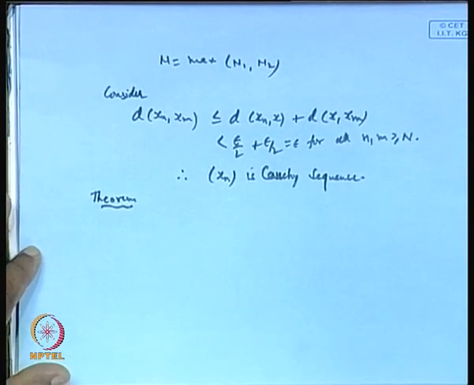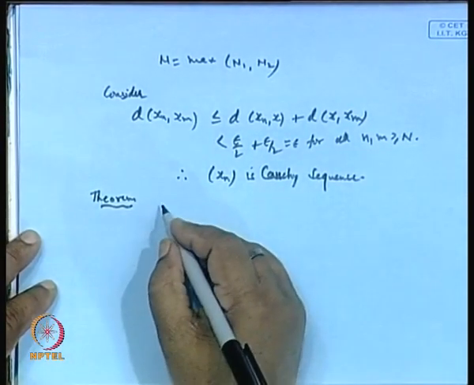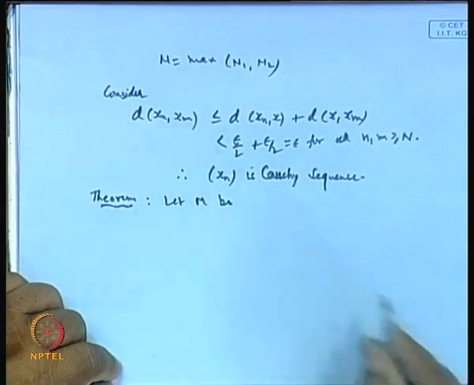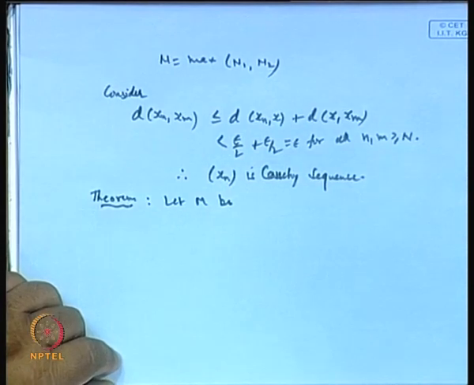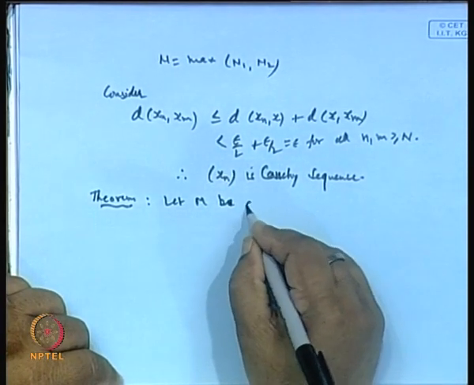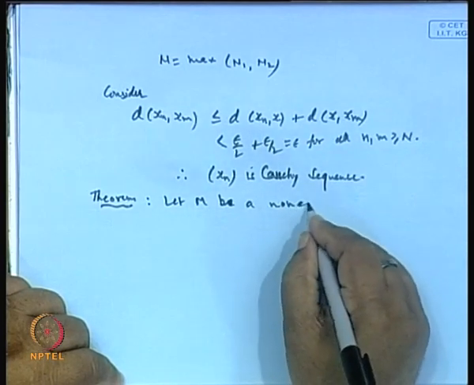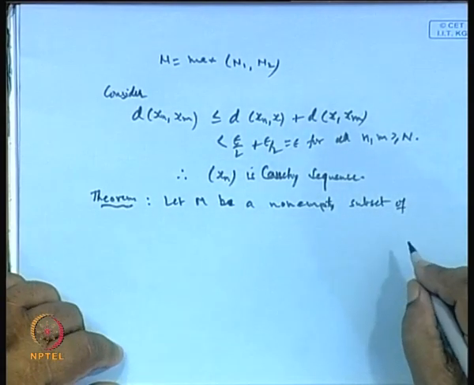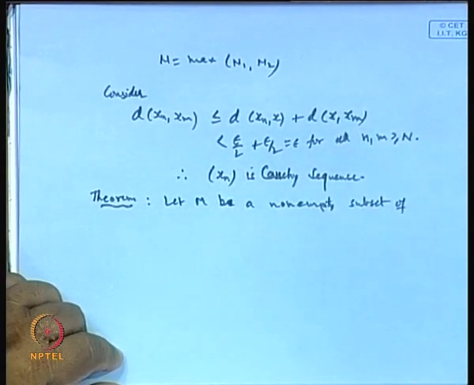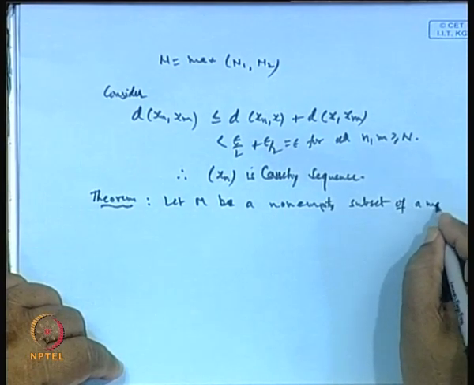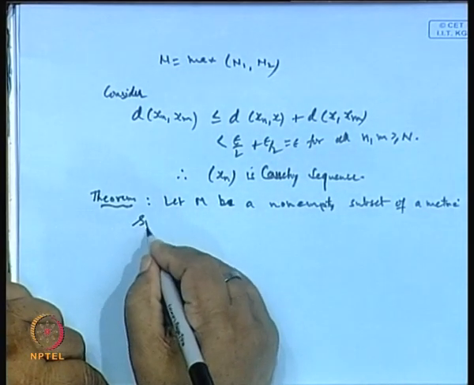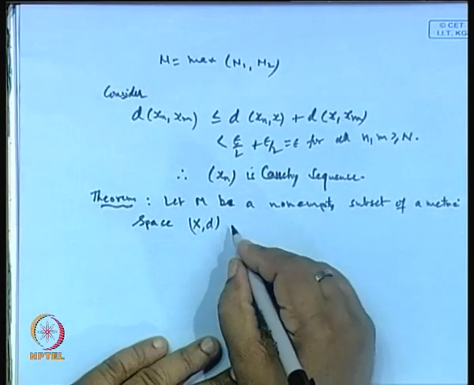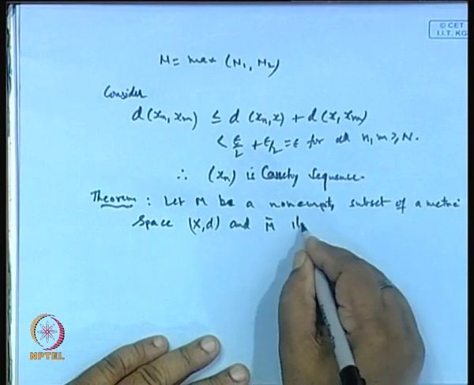The result is: let M be a non-empty subset of a metric space X, and M bar its closure.